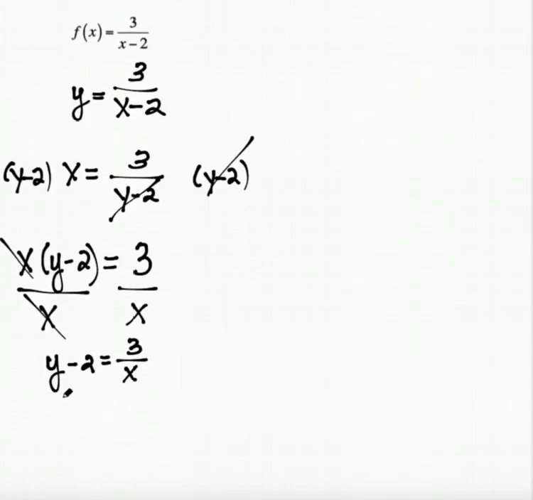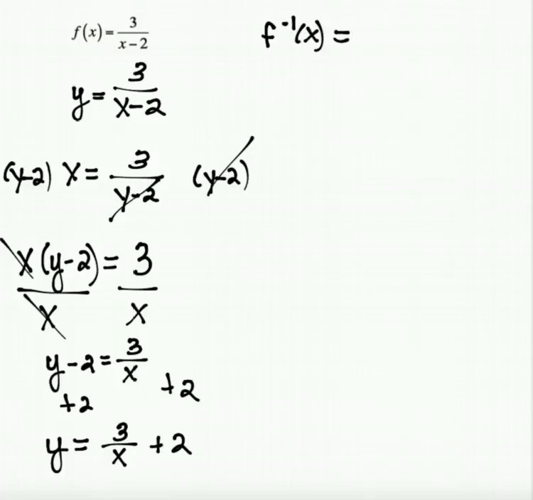My last step would be to add 2 to get the y by itself. So y equals 3 over x plus 2. So I'm going to write this up here as the inverse, f inverse of x is equal to 3 over x plus 2.